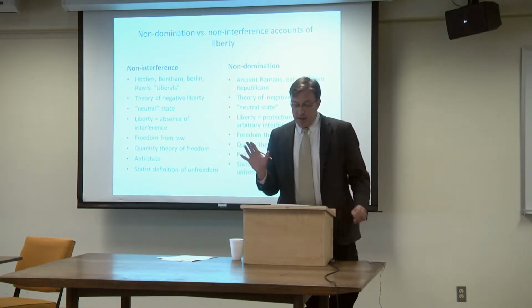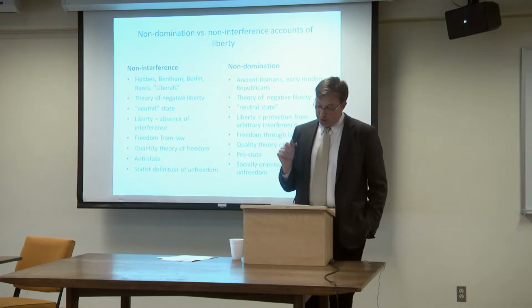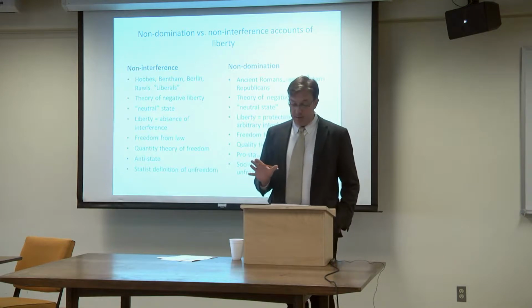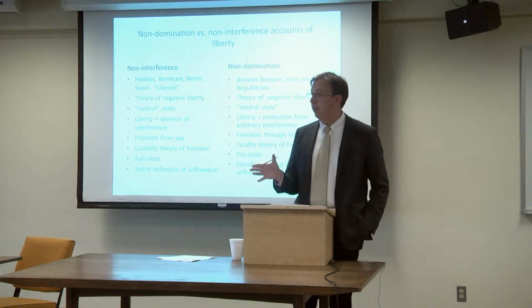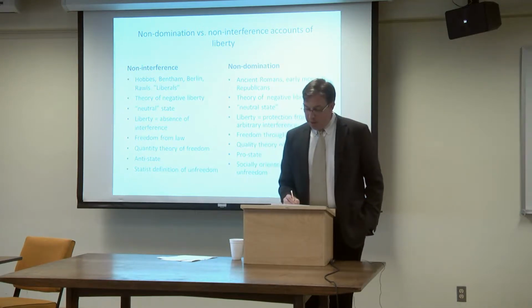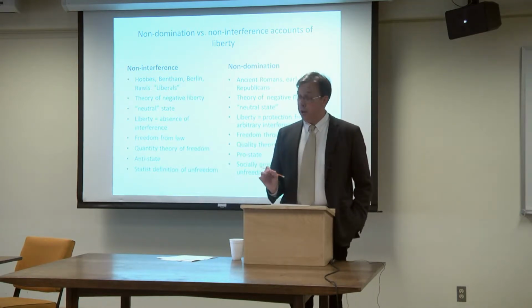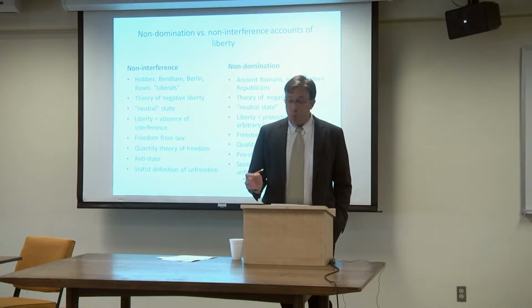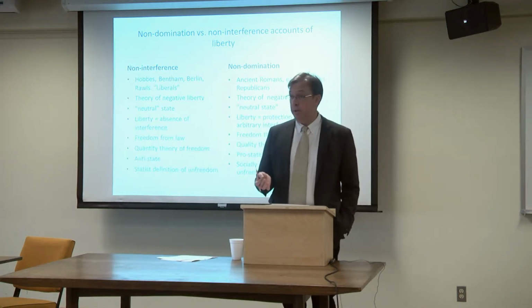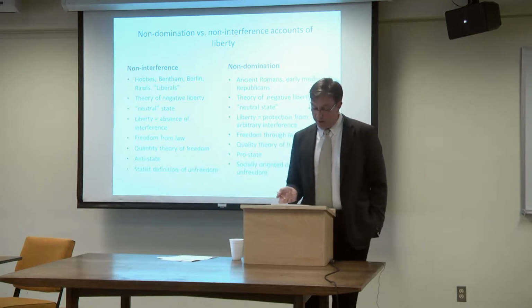In Pettit's telling, the non-interference account of liberty, the liberal account, if you will, strikes a negative view of the law and the state, both of which function, necessarily often, but inevitably, to limit liberty only. The Republican understanding of liberty as non-domination sees well-designed laws and a just state as guarantors of liberty, as a quality control for our liberty.